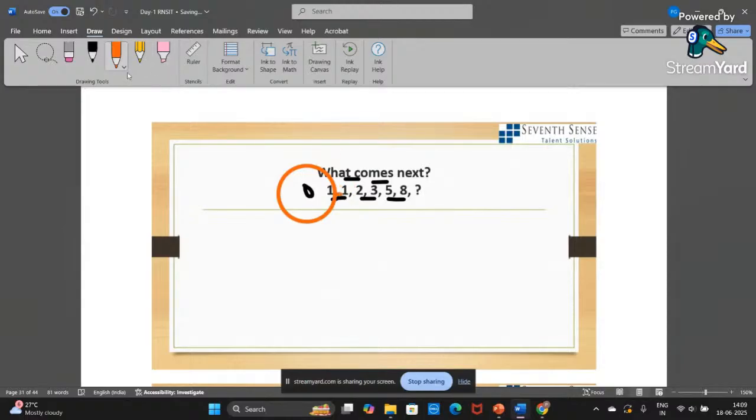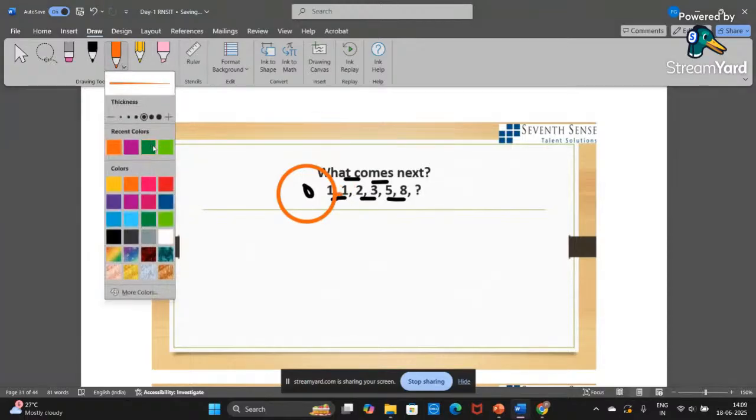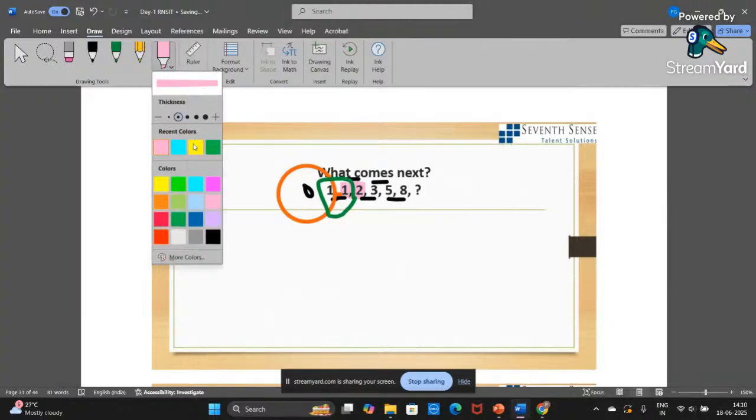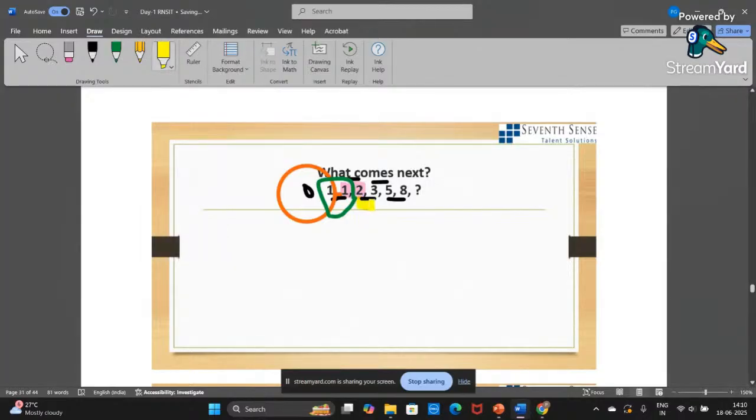Next, 1 plus 1, it is 2. 1 plus 2, it is 3. 2 plus 3, it is 5.